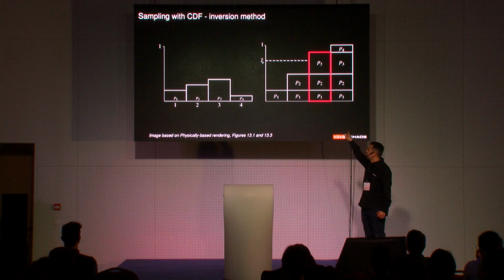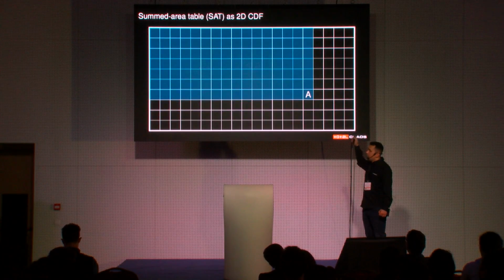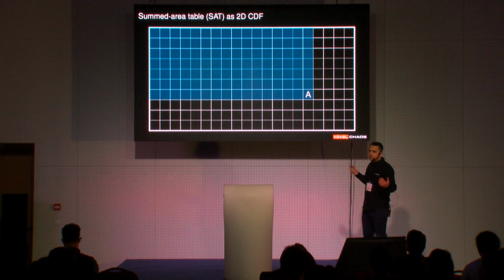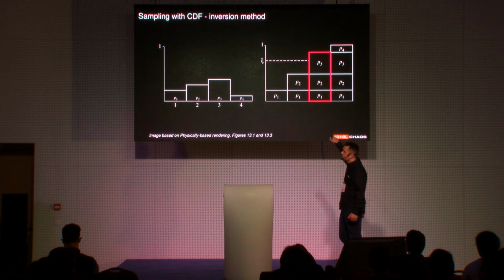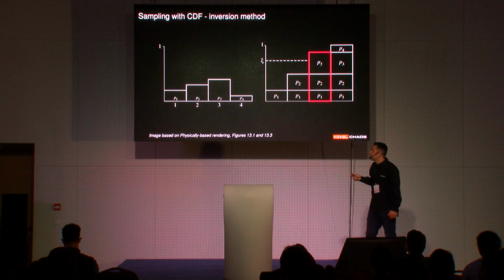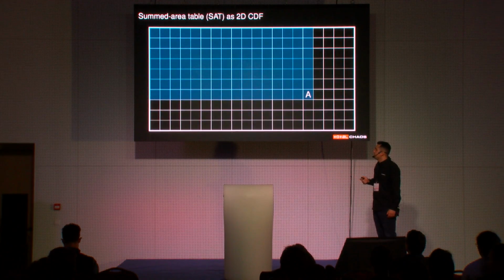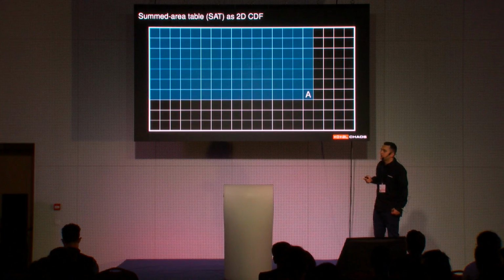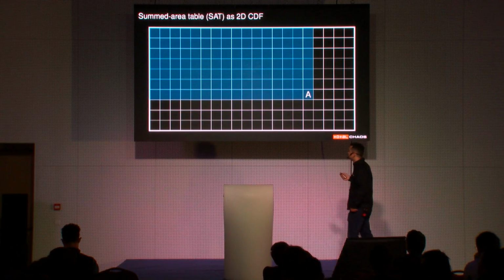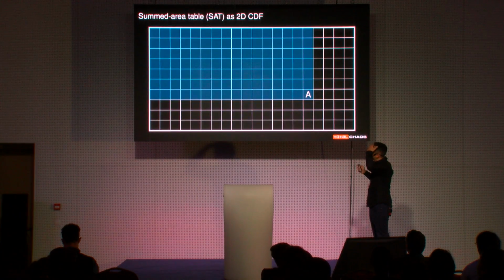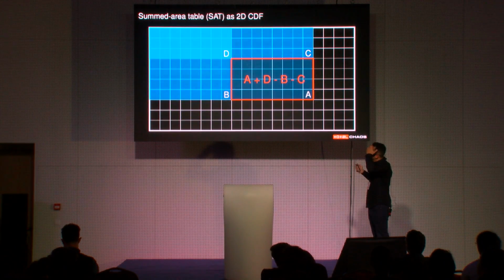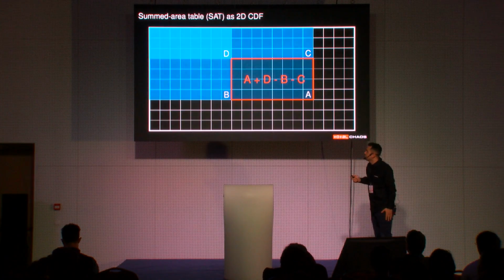And in the same way that we can use this CDF to sample a one-dimensional random variable, we can use the summed-area table in order to generate two-dimensional random variables. And this is a well-known property of the summed-area table.